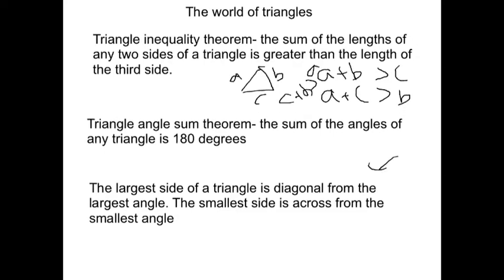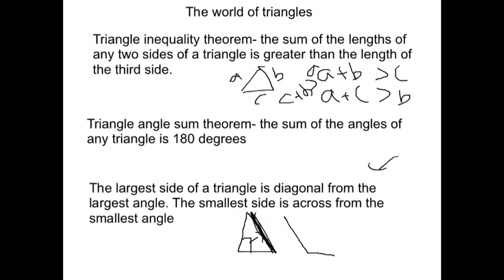So the third thing I want us to recognize is that the largest side of a triangle is going to be diagonally across from the largest angle, and the smallest side of a triangle is going to be diagonally across from the smallest angle, making the middle side across from the middle angle. So if we think about a right triangle, in a right triangle, the largest angle is the 90-degree angle, which means that the largest side would be what we call the hypotenuse, which is going to be the longest side of any right triangle.